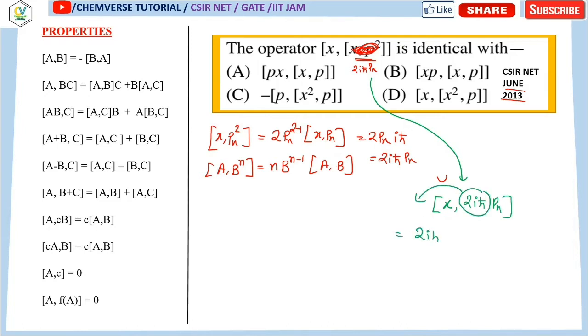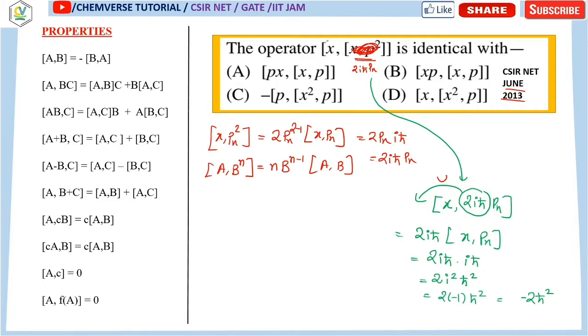So it will be 2 i h cross times the commutator of x and px. So overall the value will be 2 i h cross, and the commutator of x and px has a value of again i h cross. So it will be 2 i square h cross square. Now i square is nothing but minus 1, so 2 into minus 1 h cross square. So it will be minus 2 h cross square.